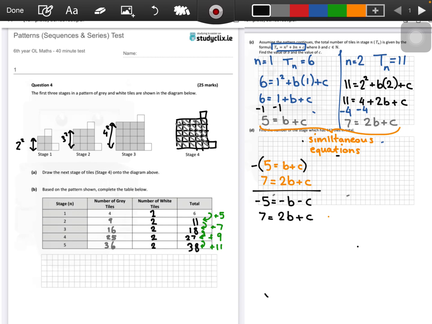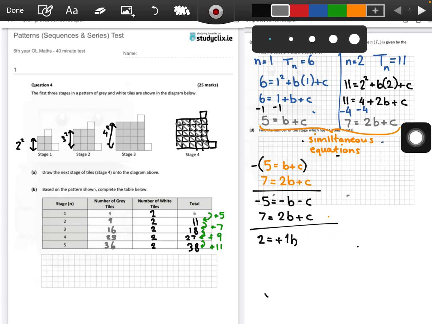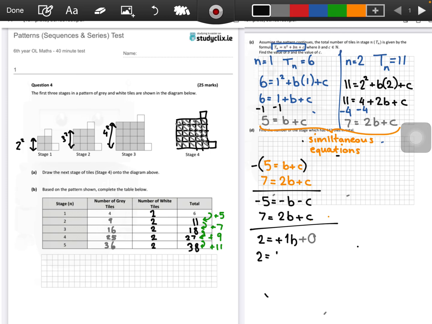So 7 is equal to 2b plus c, and then I can add these two lines together. So minus 5 plus 7 gives me 2 equals minus b plus 2b is plus 1b, and then minus c plus c is equal to 0. So I now have that 2 is equal to b.